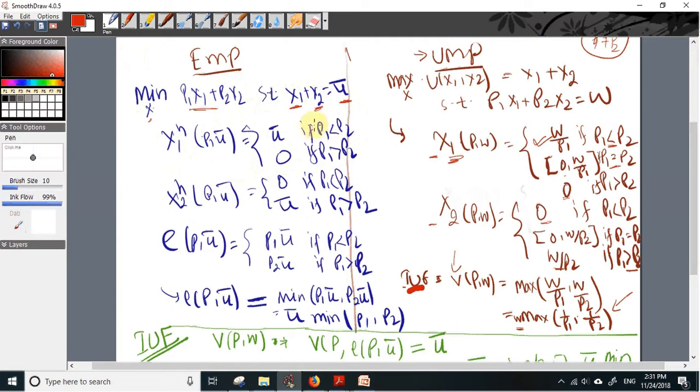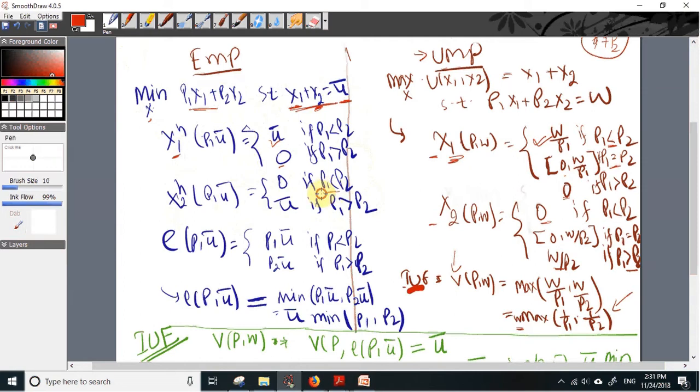So we substitute x2 equals 0 in the constraint, and we get the compensated demand for x1 to be U bar. And if P1 is greater than P2, he will purchase no x1, so the demand for x1 will be 0. The Hicksian demand for x2 is given by whether P1 is smaller than P2 or greater than P2.